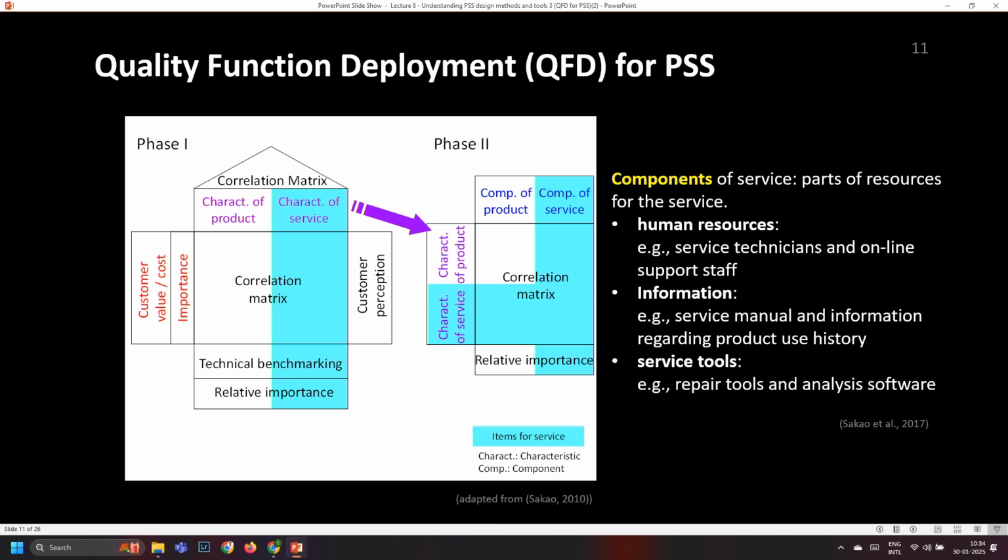Service manual, information for the product usage history, database, that belongs to the information. And service tools could be, for example, repair tools, physical tools, and it can be data analytic software.